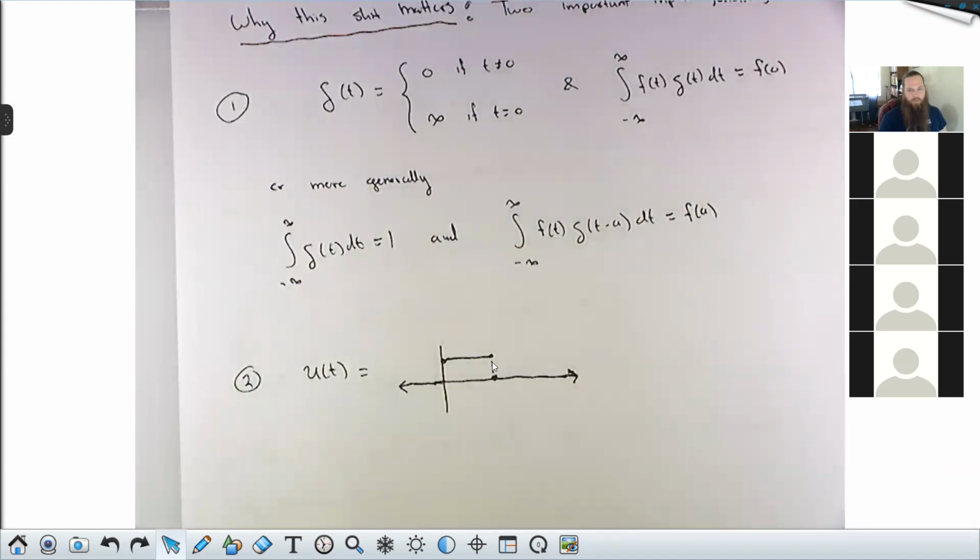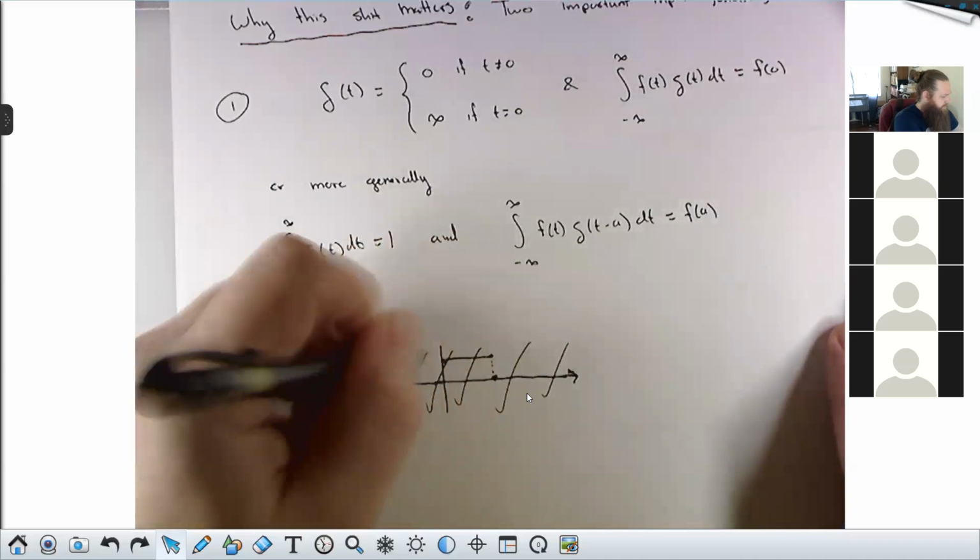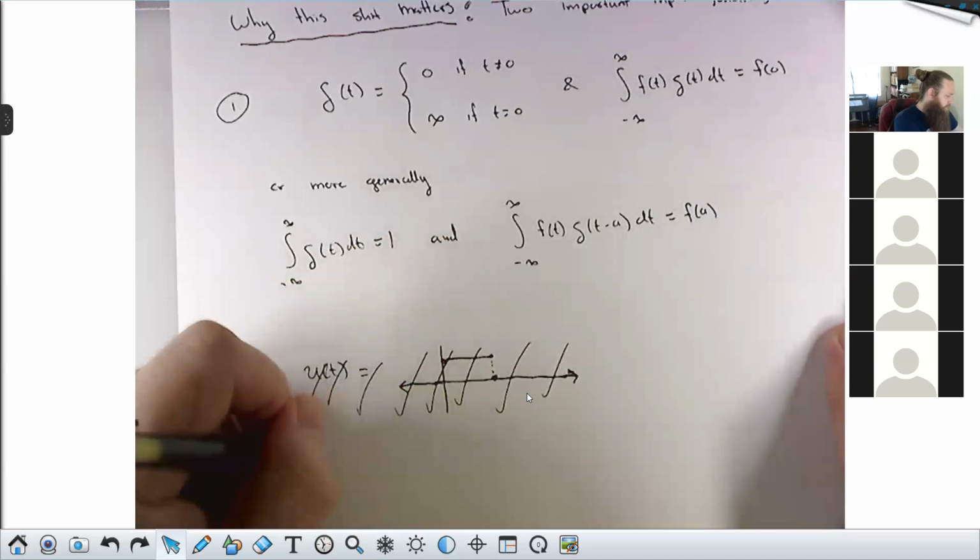This one is, if you want to input a force for a particular little bit of time, and there are other definitions of the unit step function. It does vary. This one is the one that I think of when I think of these things.